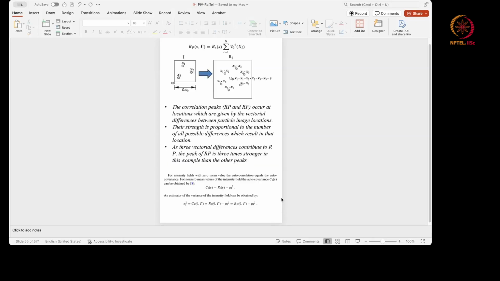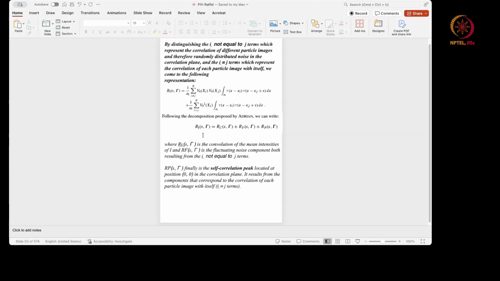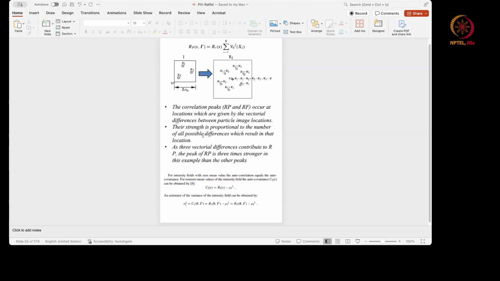All right, so what do you see? When you are talking about the correlation peaks, R_P, for example, the correlation peak, and R_F, which is from the fluctuating noise. If you look at this image and the autocorrelated image, R_P is basically R_tau multiplied by this V_0 squared xi.